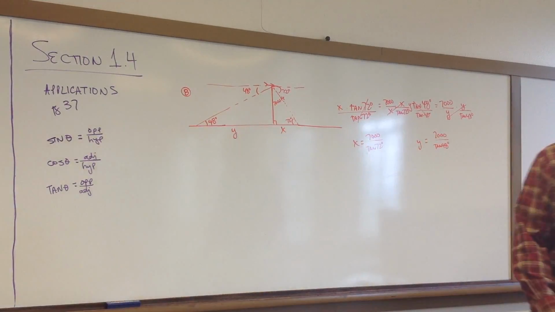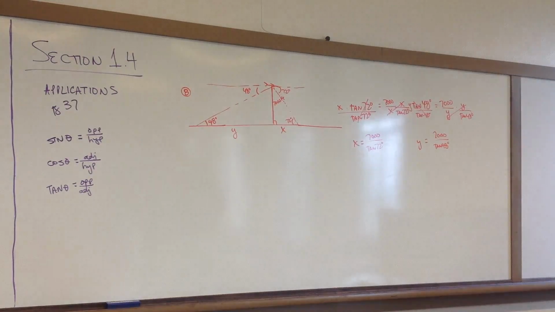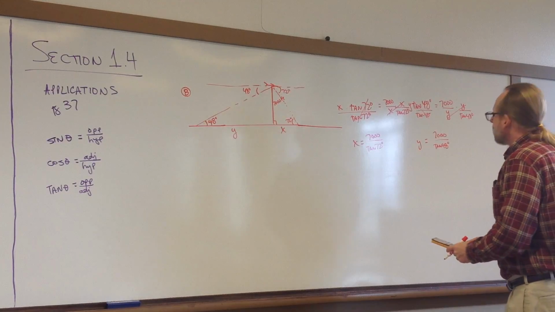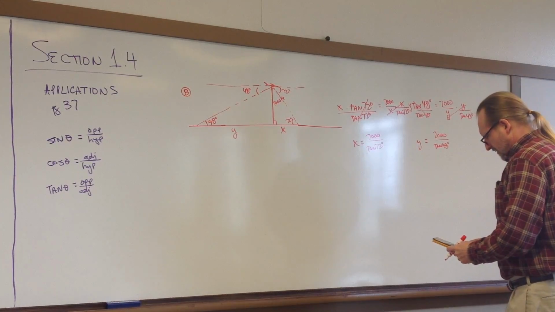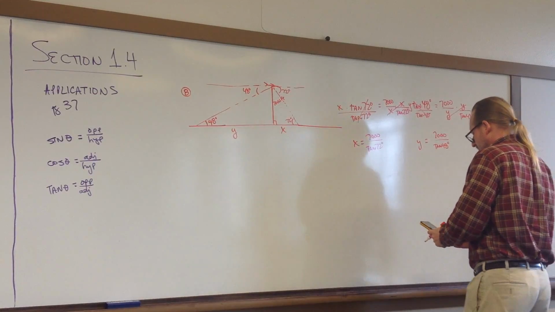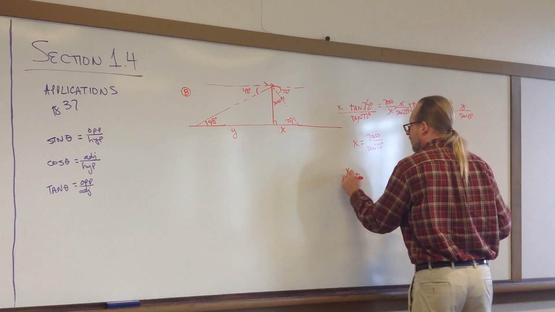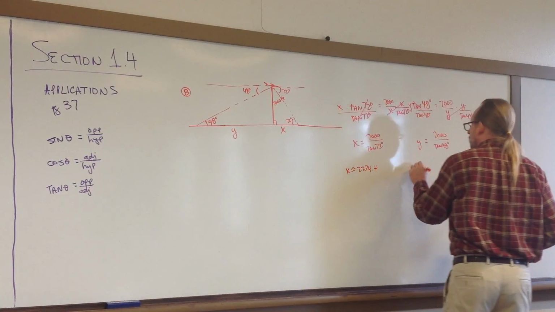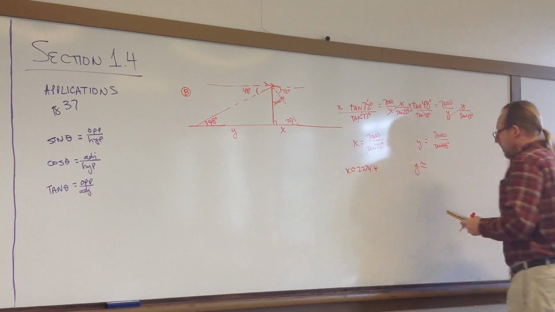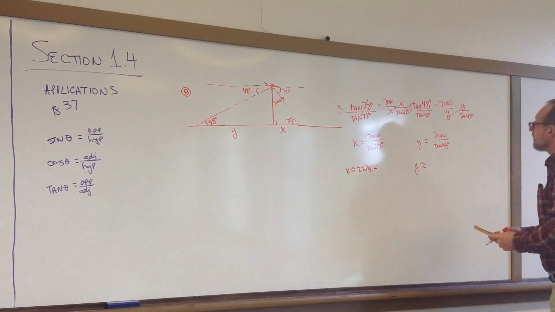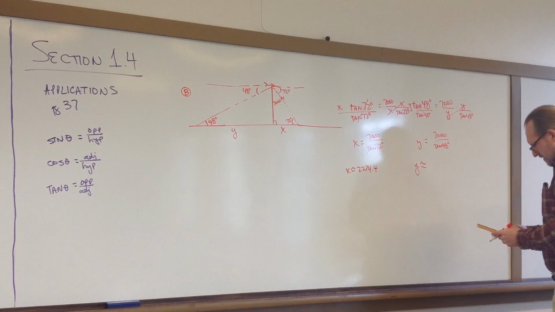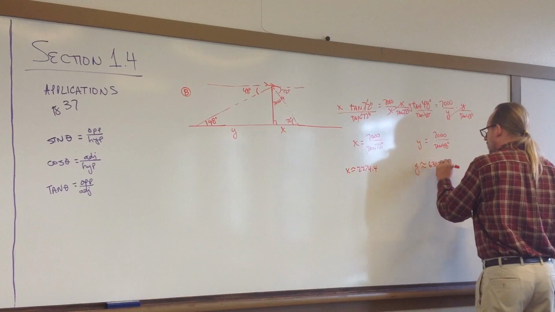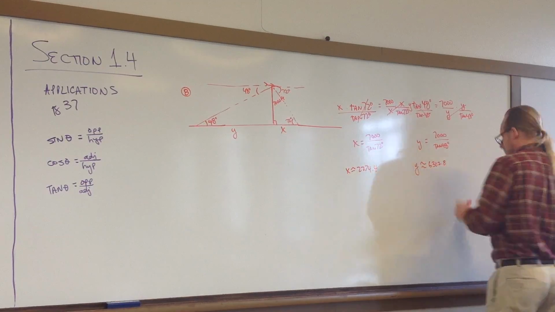Now let's get some good approximations for these and add them together. So 7,000 divided by tangent 72, 2274.4. And over here y, 7,000 divided by tangent 48, 6302.8.